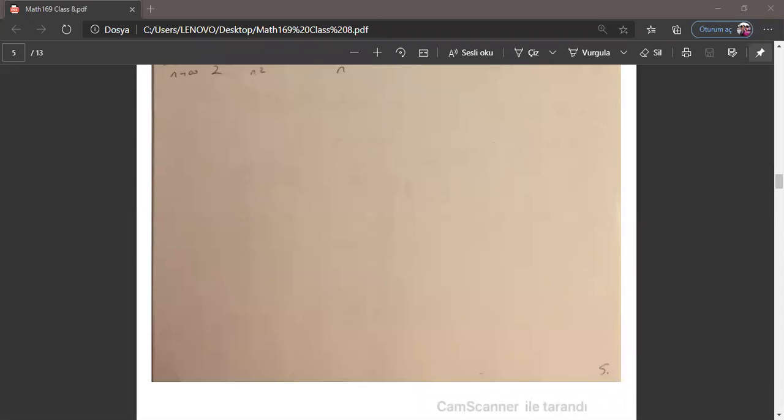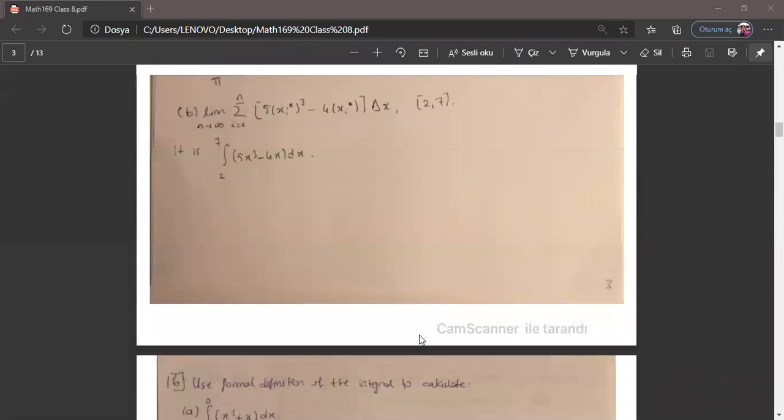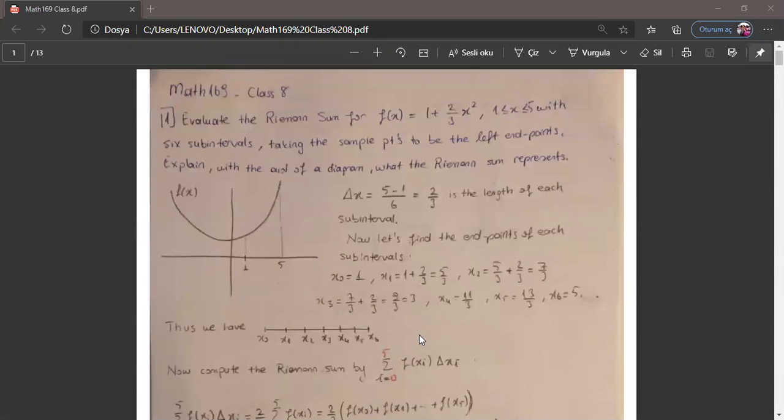Now we can start the worksheet. Here we have the first question. We are given the function f of x equals 1 plus 2 over 3 x squared, and the interval from 1 to 5.